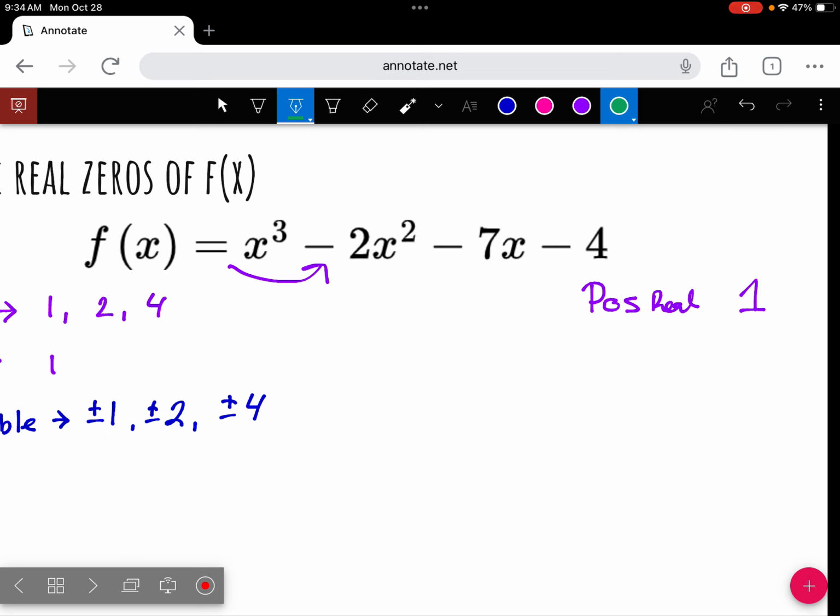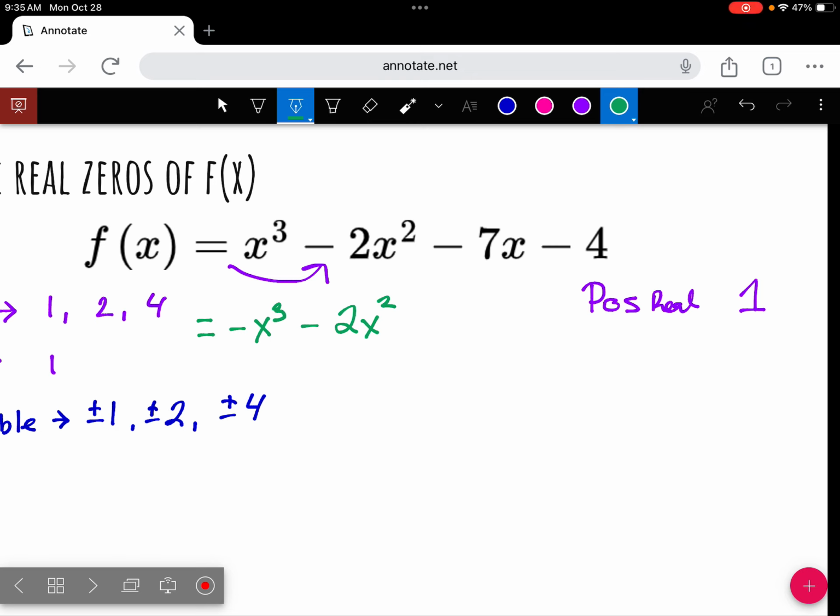If we did our negatives, so if we substitute in negative x, negative x cubed, the sign would stay, so we'd have our minus x cubed. Our x squared, the sign would not change, so we'd have our 2x squared.